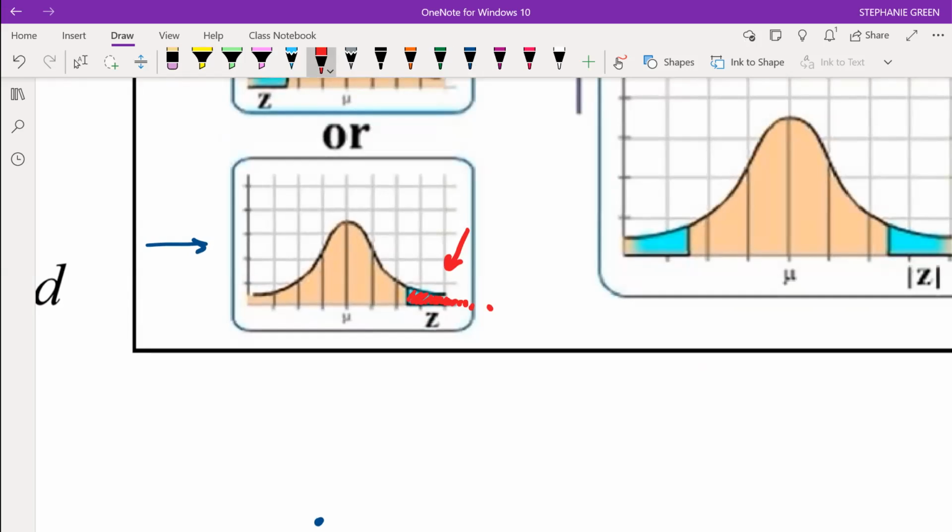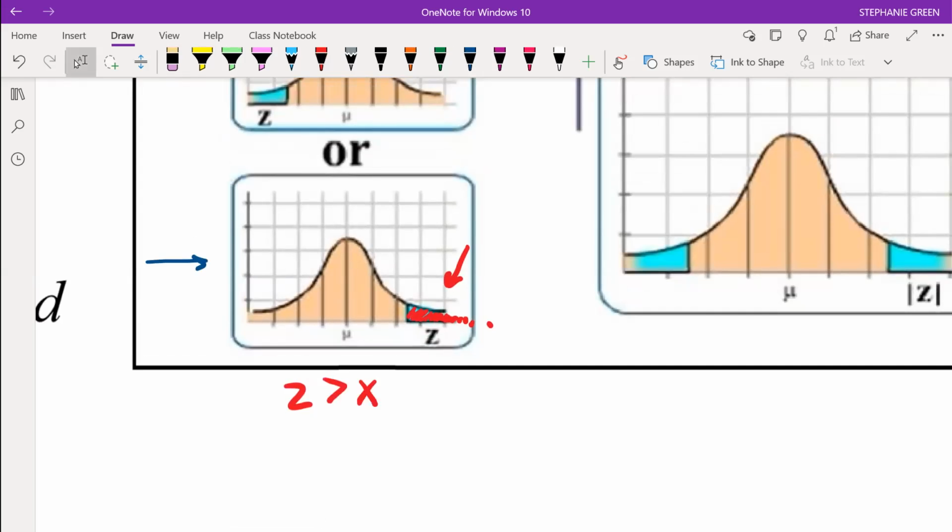It's statistically significant that it is more. So we're going to look at z being greater than a certain value here.